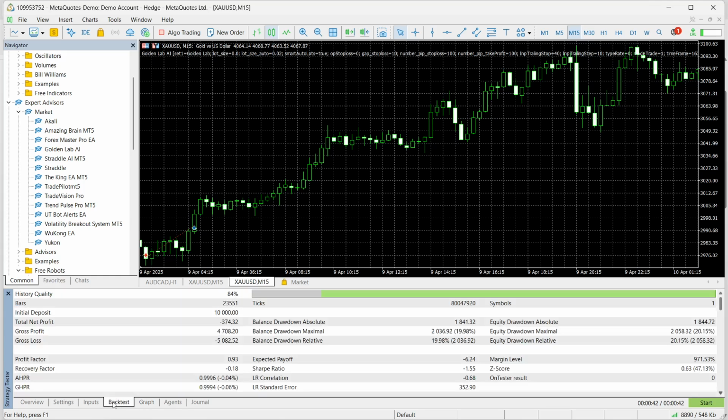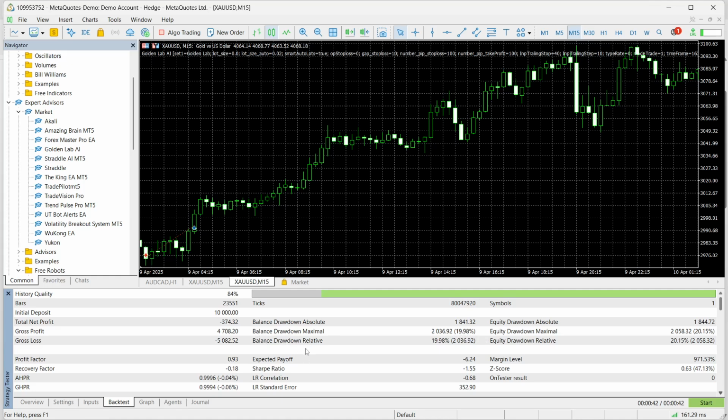So we can see the stats. For the initial deposit of $10,000, we had a total net profit, which was a net loss in this case, of $374. The profit factor was below 1, which is not nice, 0.93, and we had a balance drawdown of 19.98%.